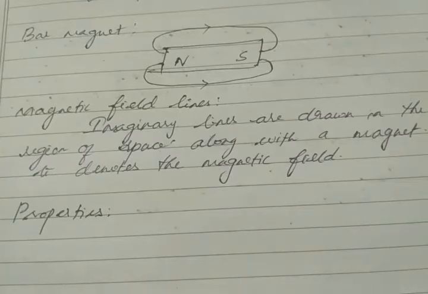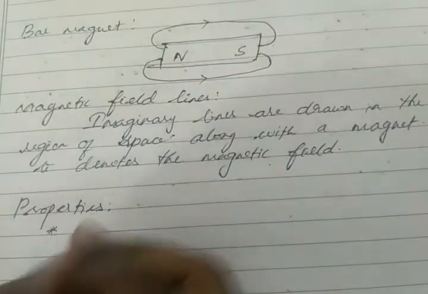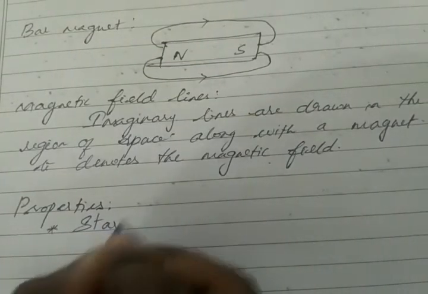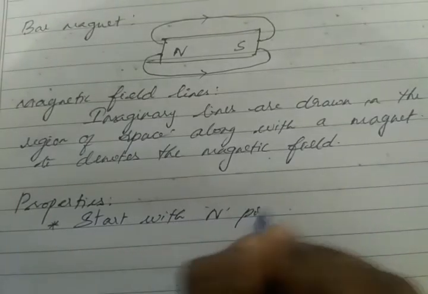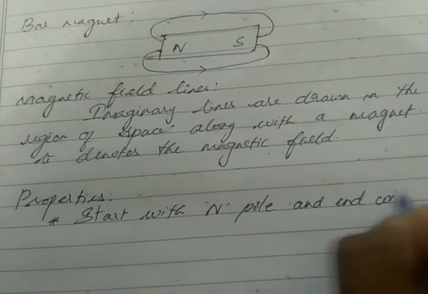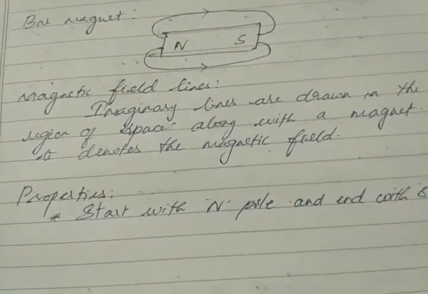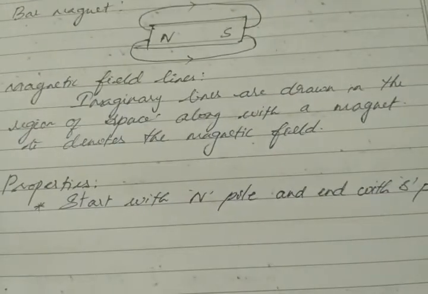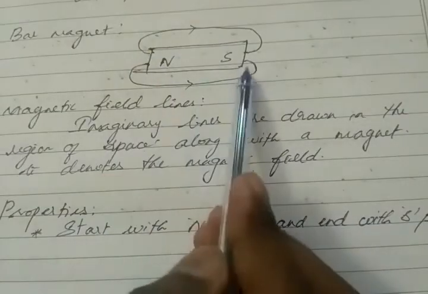So here magnetic field lines start at the north pole and end at the south pole. So this is the first property. Magnetic field lines always start at the north pole and end at the south pole.